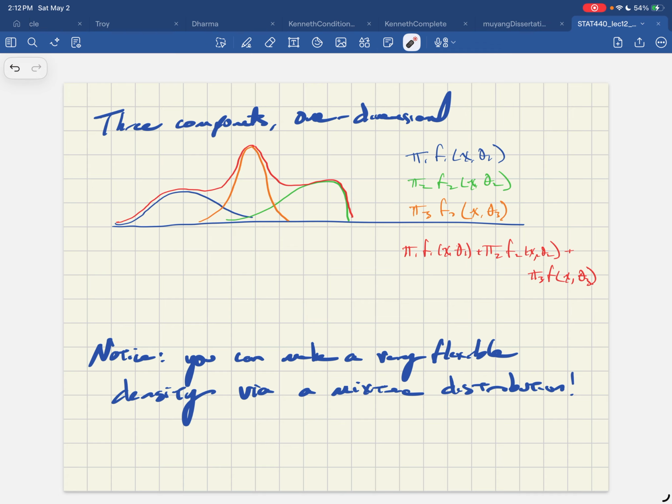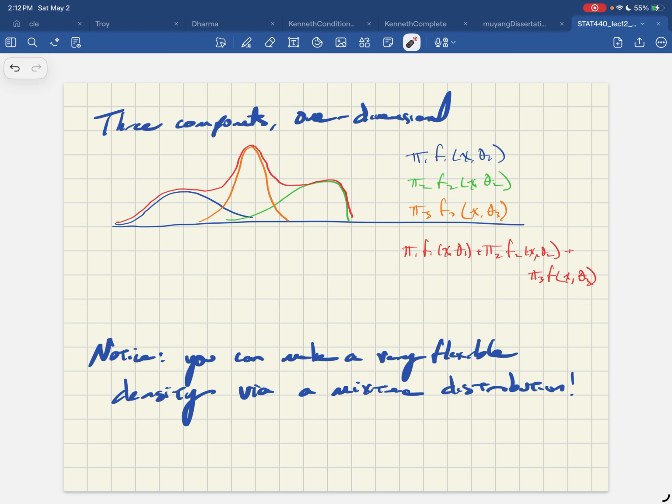And so long as they are valid probability densities in their own right, then if I weight them with weights that sum to 1, I'm going to get an overall density, which is given by this red curve, which is valid. It's going to be non-negative. It's going to integrate to 1. That's what is required of a density.